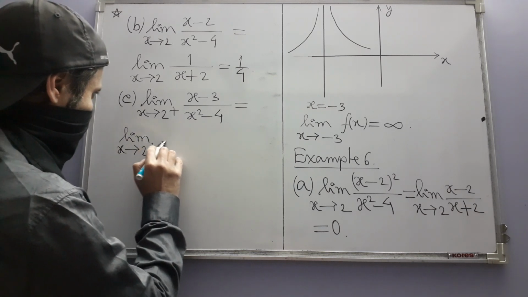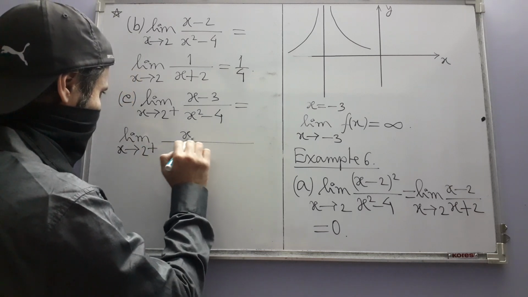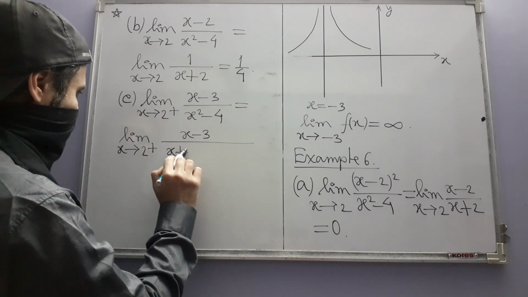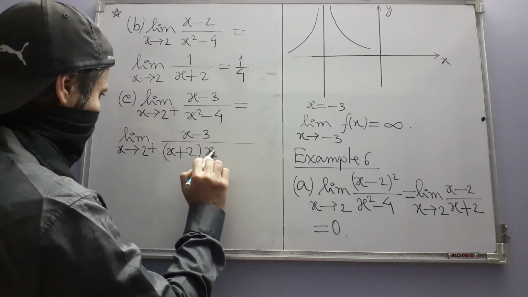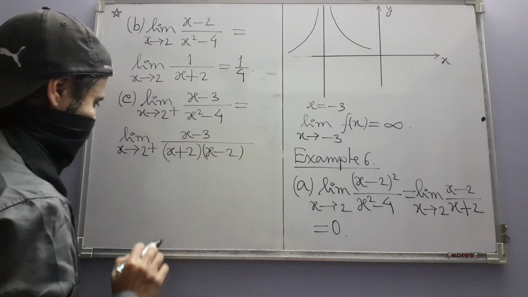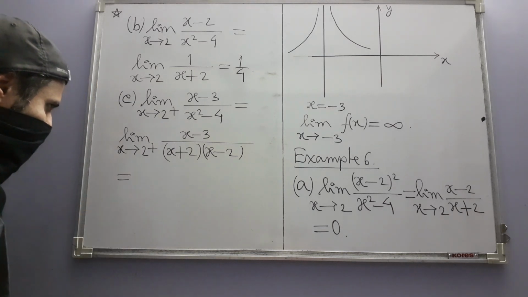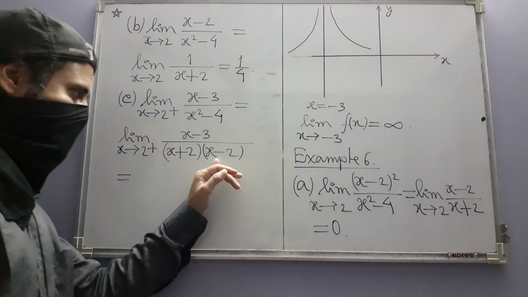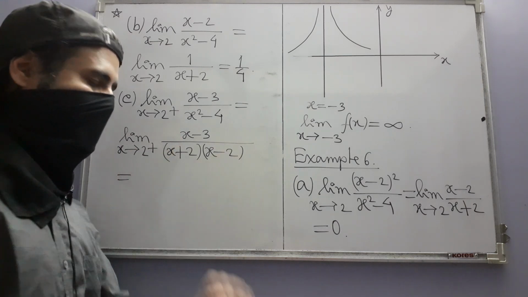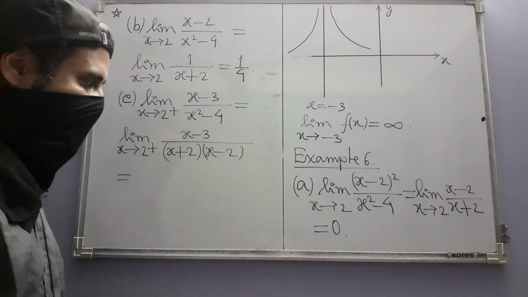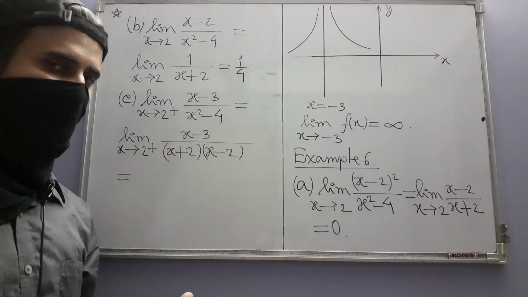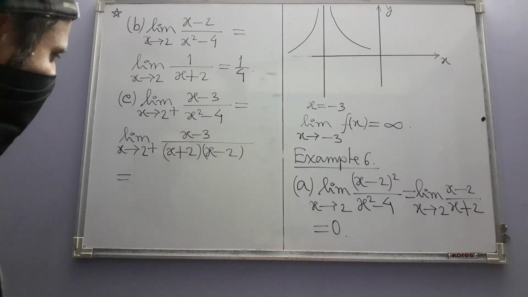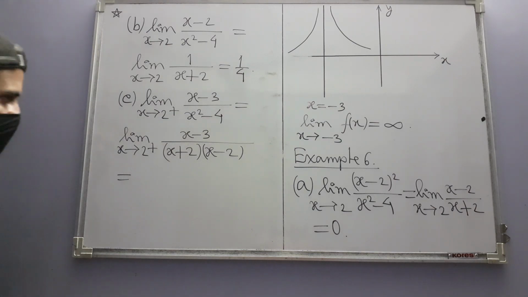Two plus. Now if one factorizes the denominator, one of course gets (x plus 2) times (x minus 2). However, now there is no way of getting rid of x minus 2. So an infinite limit will appear. But which one? Plus infinity or minus infinity? We have to carefully see the situation.